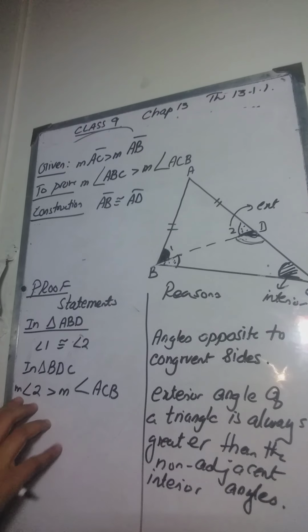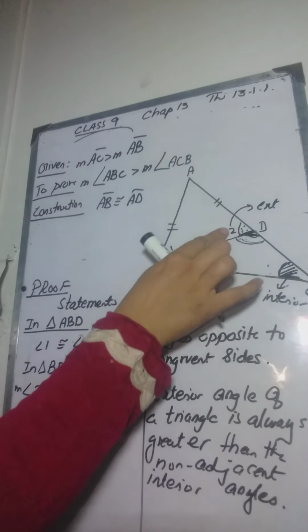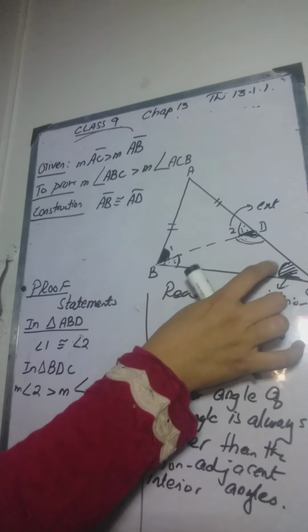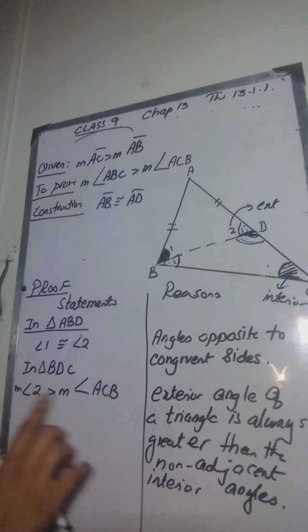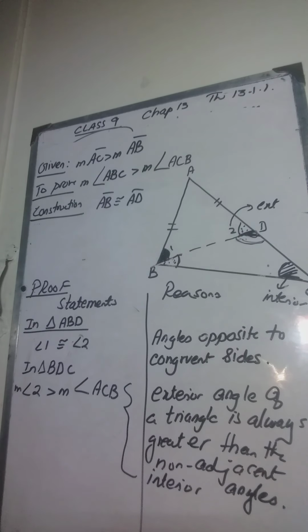Angle 2 will be greater than angle ACB because angle 2 is an exterior angle and it is greater than the non-adjacent interior angles. This is the reason for this portion.